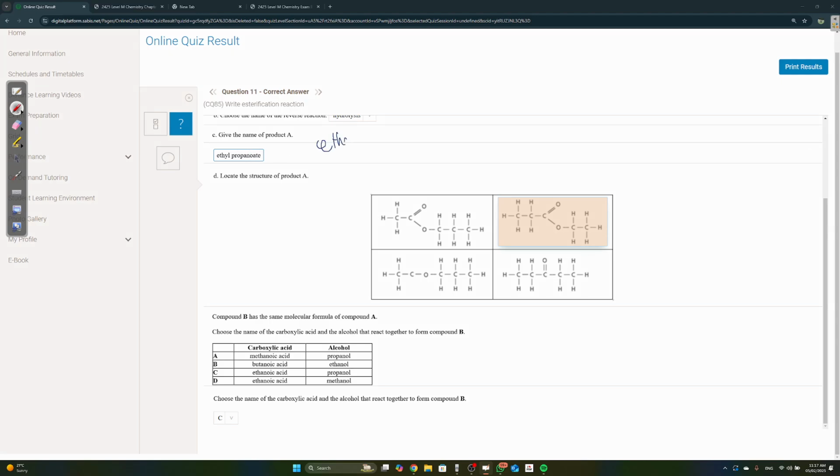We had ethanol and propanoic acid. If it's the same chemical formula but a different name, all you have to do is just swap them. So swap this eth with this prop, and you're going to get propanol and ethanoic acid. Okay, as you can see here, the answer is C, which is correct.